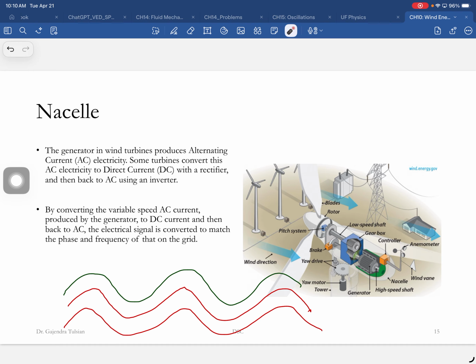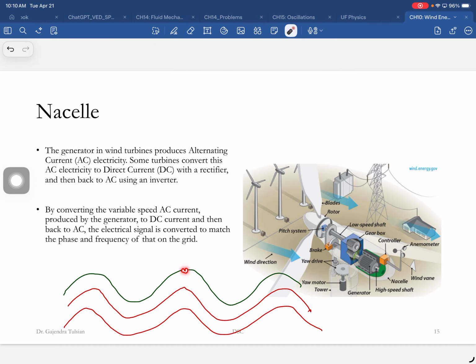Okay, so here's what we do. The generators in the wind turbine produce AC electricity. Some turbines convert this AC electricity to DC electricity with a rectifier, and then back to AC using an inverter. So let's say this is the grid.